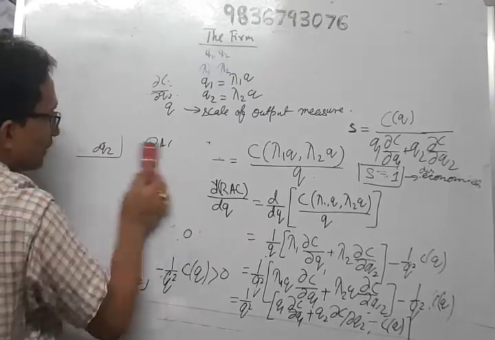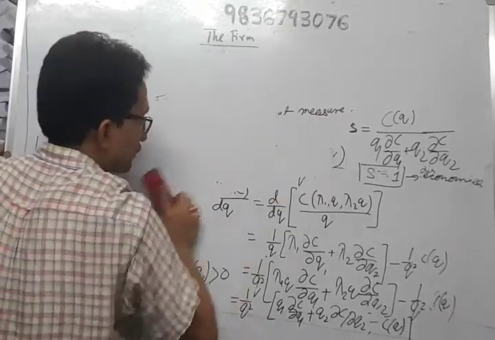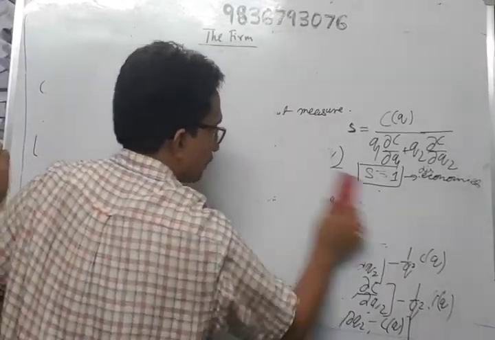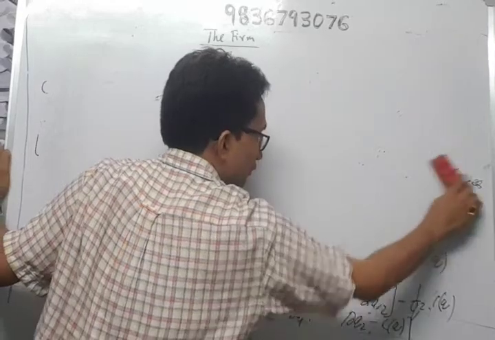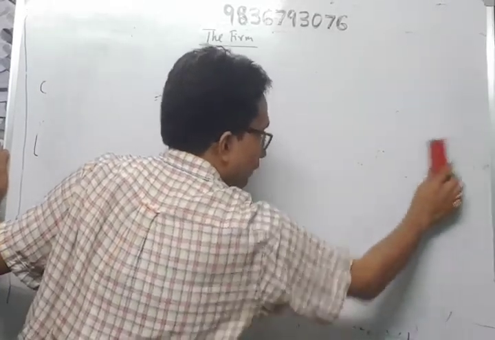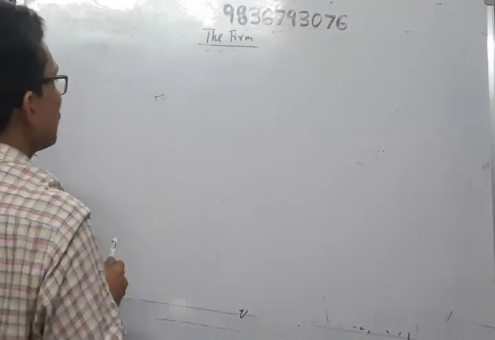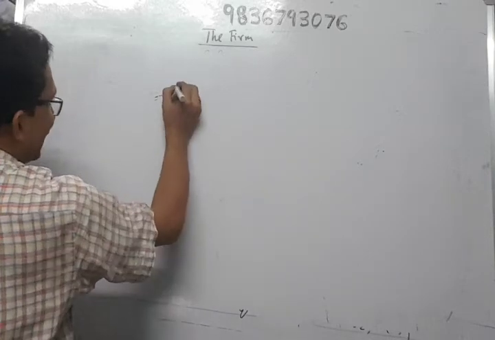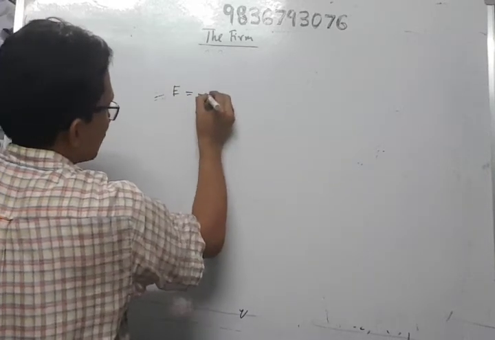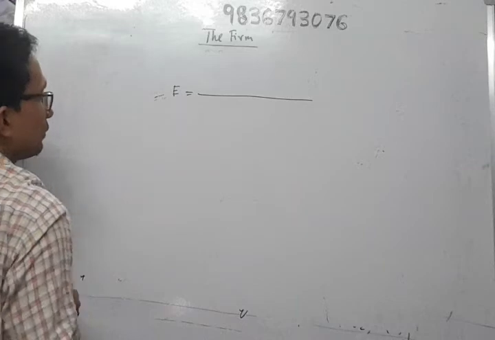Now apart from this economies of scale concept, there is one more concept which is the economies of scope. So what is this economies of scope? Economies of scope is something which is again given by a parameter E. Let's say it measures the following ratio.